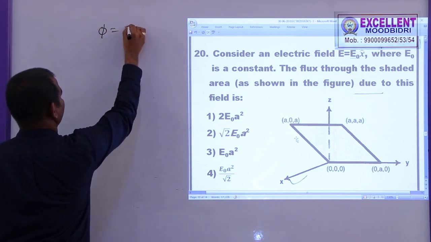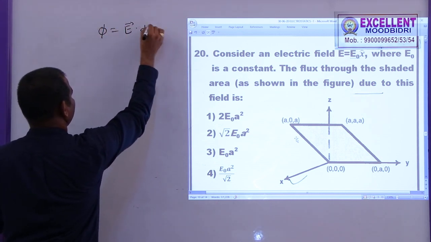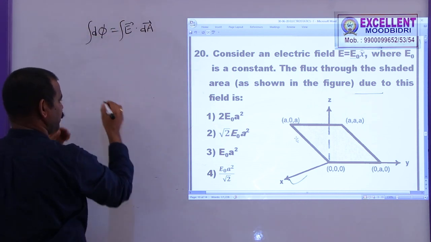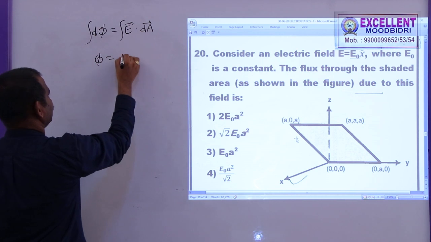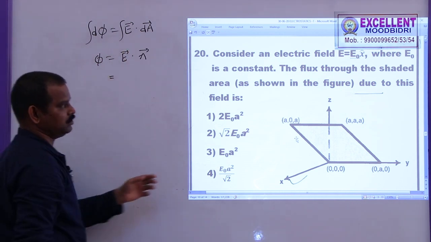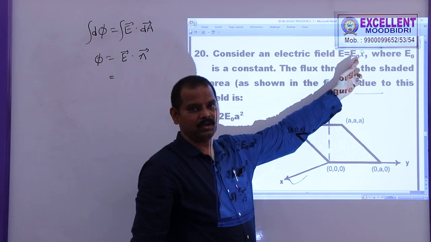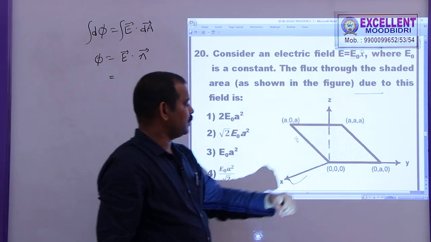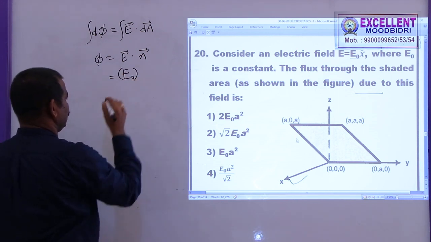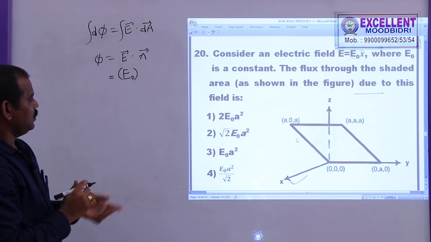Flux is equal to E bar dot dA bar for a small flux; for the total flux you have to integrate this. Here they are asking for the total flux, so E bar into A bar. What is E bar? This was given: E is equal to E naught x cap, where x cap is the unit vector in the direction of x. So let me take only the magnitude here. The magnitude is E naught. So what is the area of this one?